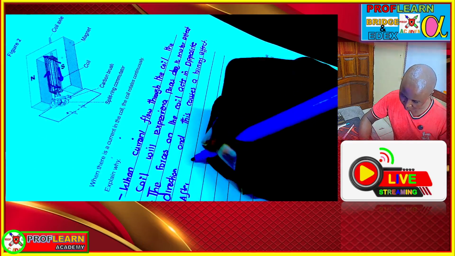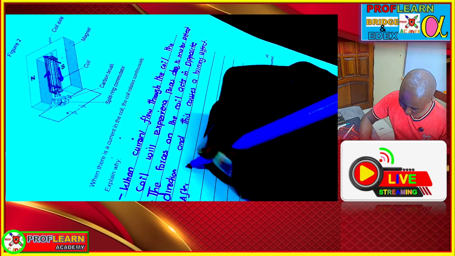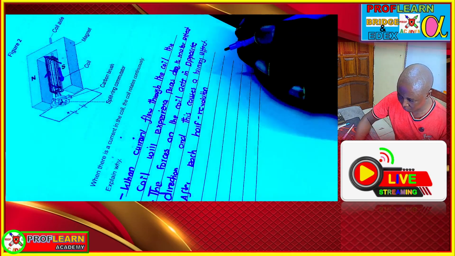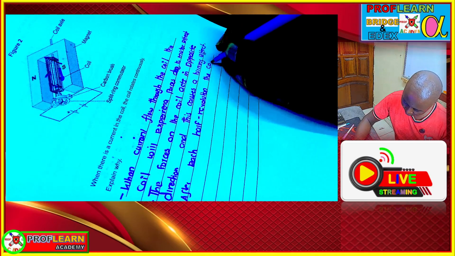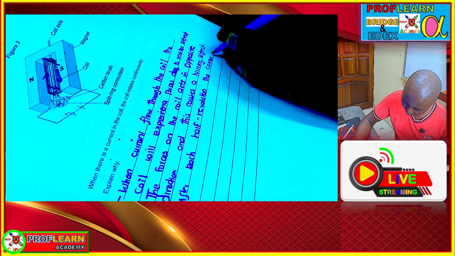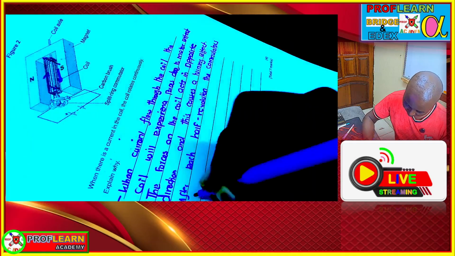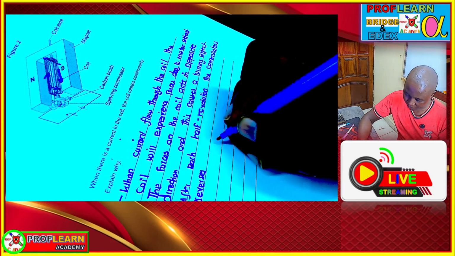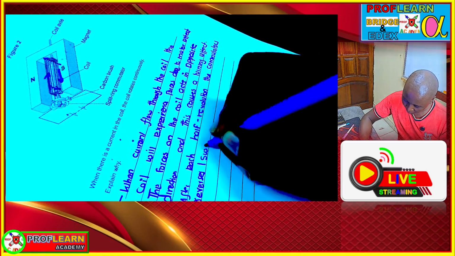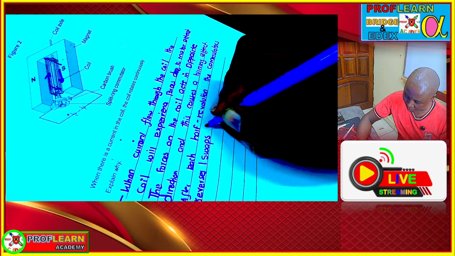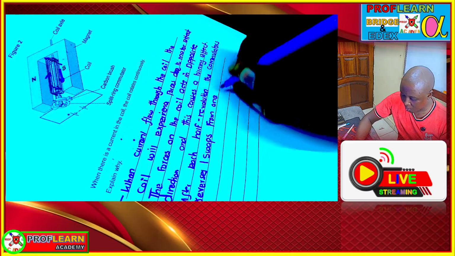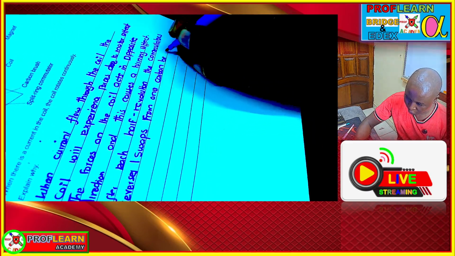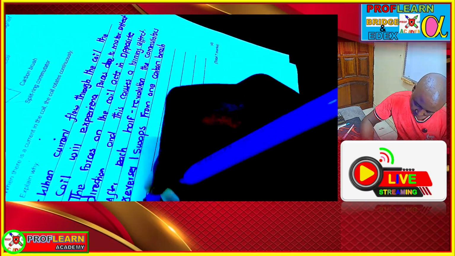After each half revolution, the commutator reverses, or we can say swaps, from one carbon brush to the other.